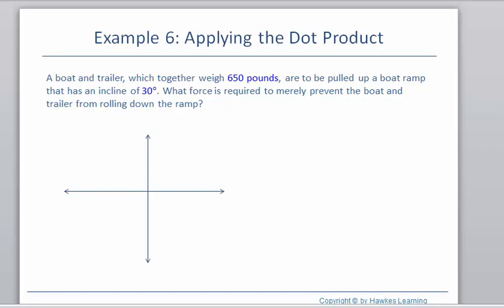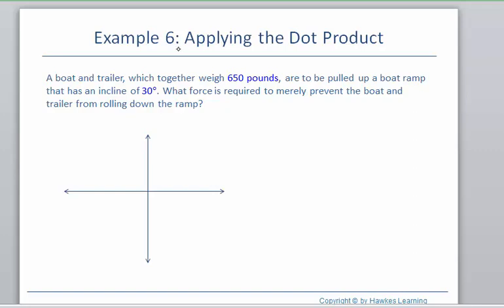Okay, so let's see if we can draw a picture of what's happening. I want to determine two vectors. One vector is formed by looking at the weight of the boat and the trailer and the fact that gravity is going to pull that boat and trailer straight down.